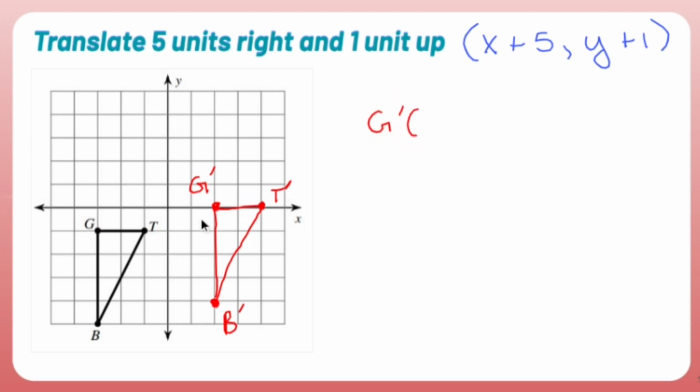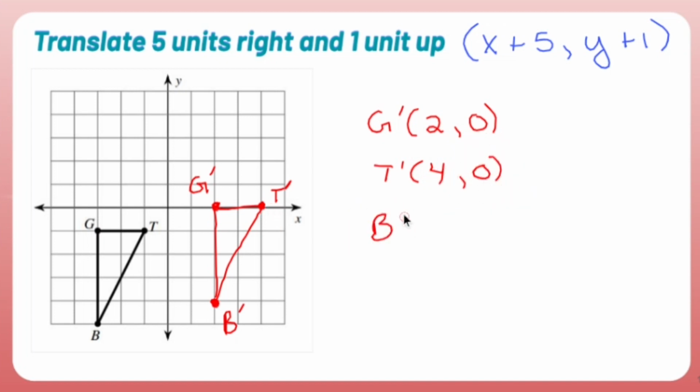G prime has me starting at the origin, going right 1, 2, don't move up or down. So right 2, don't move up or down is 2, 0. T prime, not to be confused with T-pain, is I start at the origin, go right 1, 2, 3, 4. Don't move up or down, so 4, 0.